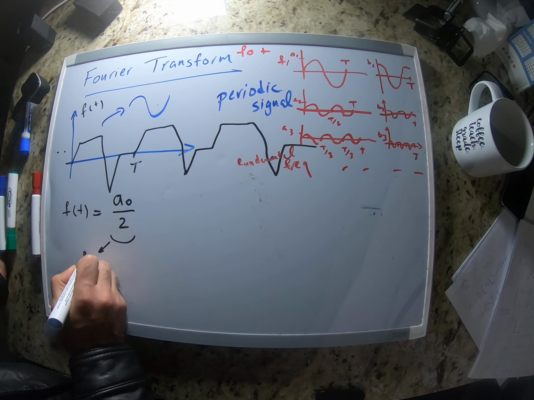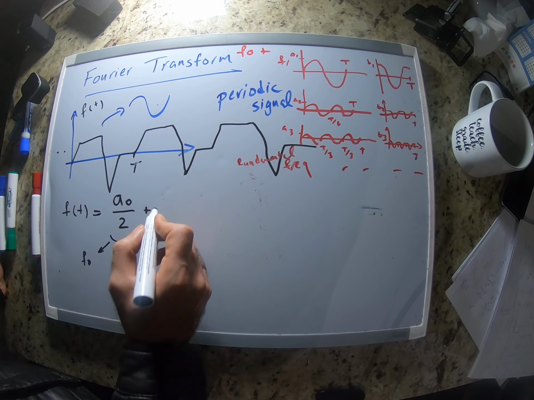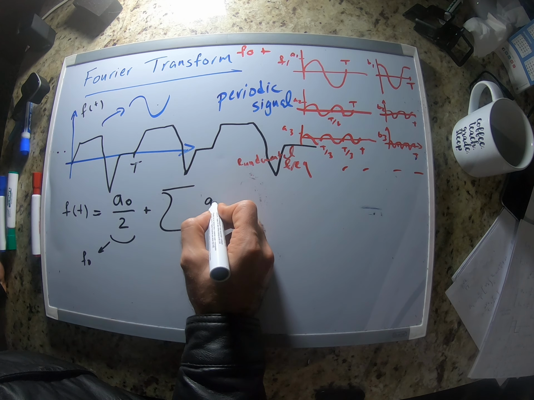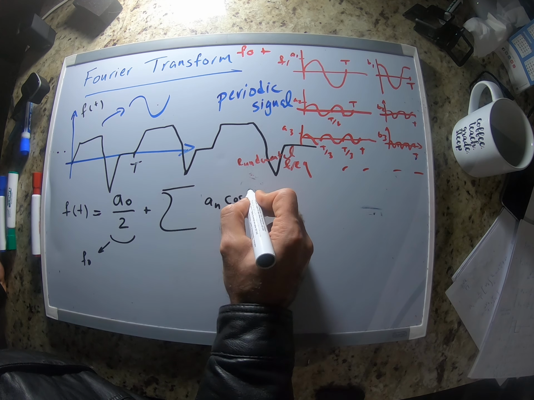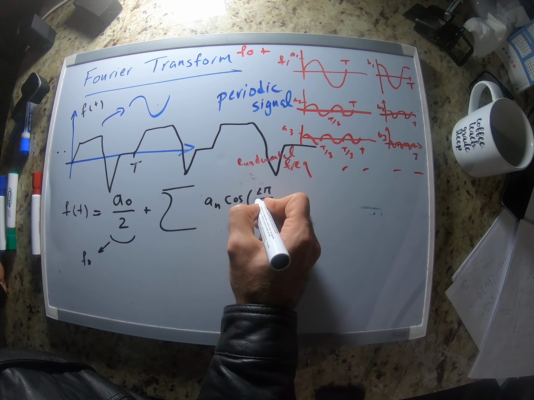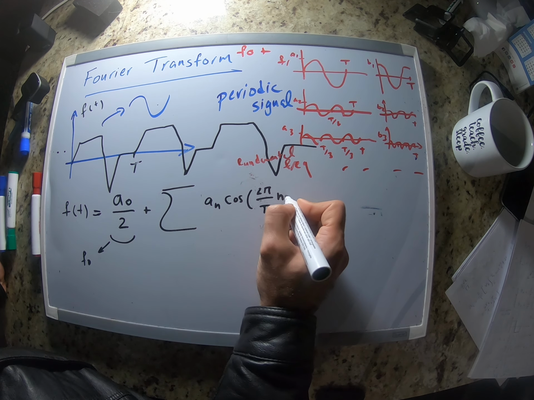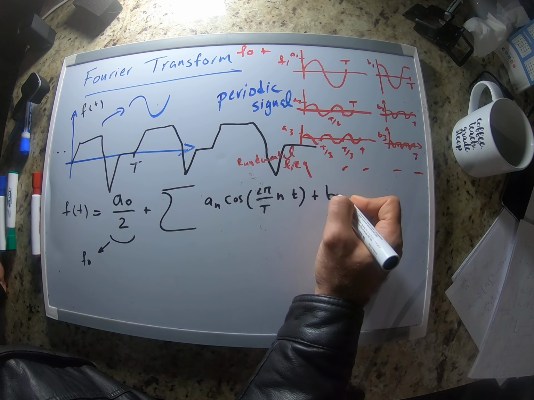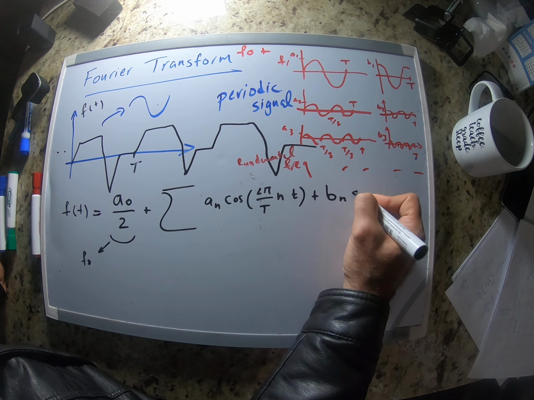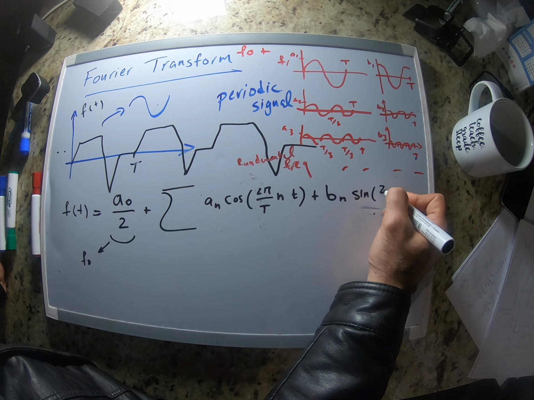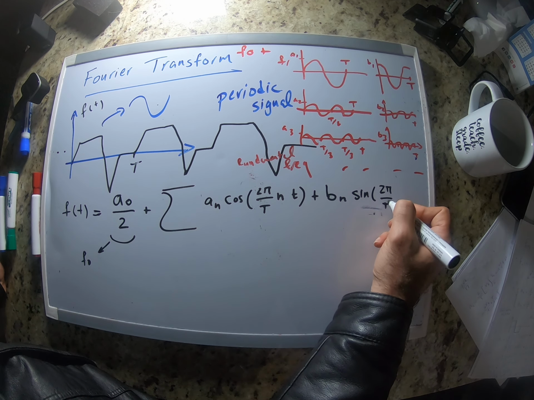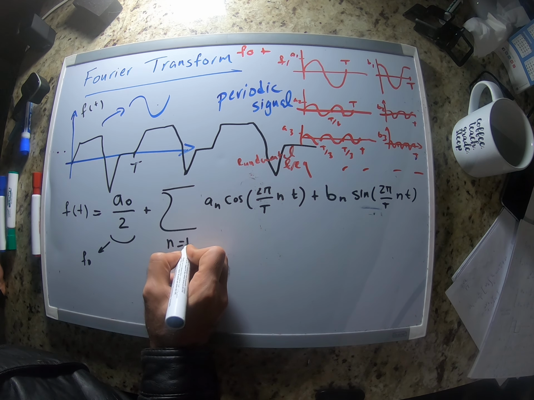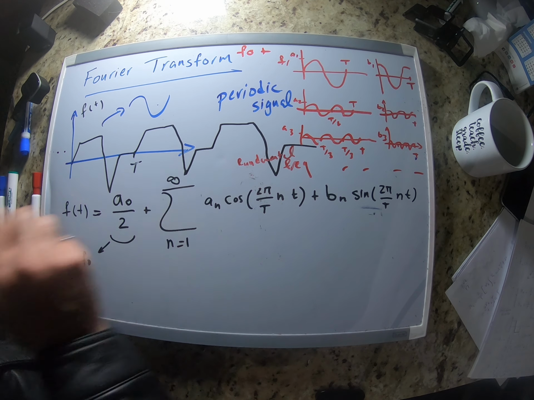So this is the same as F0 plus the summation of An cosine of 2 pi over T n times t, plus Bn times sine of 2 pi over T n t, where n goes from 1 basically to infinity.